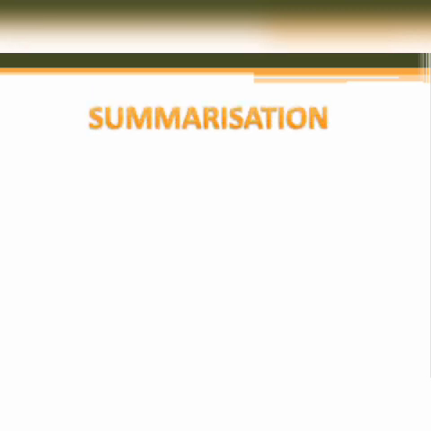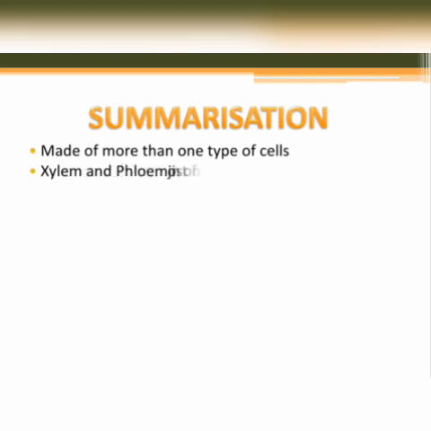So, let us summarize what we have done in this topic. First, xylem and phloem are components of complex permanent tissue. Here it says that these complex tissues are made up of more than one type of cells. Xylem and phloem together form vascular bundle.